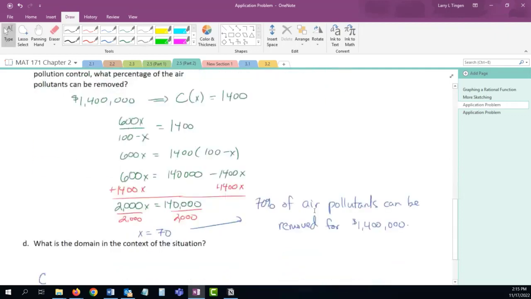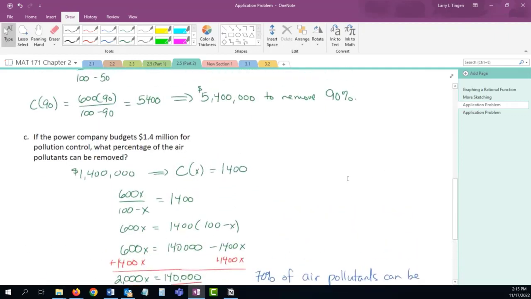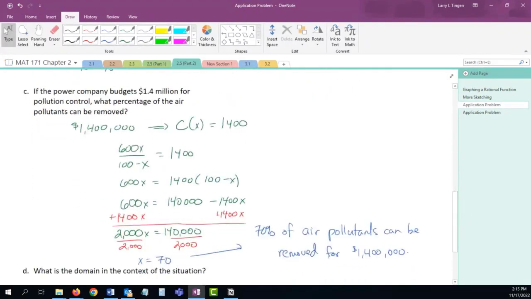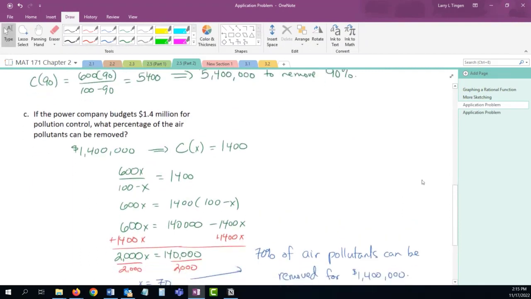I'll tell you what, let me steal. Okay, yeah. 75% was 1.8 million. So 70% can be taken out for 1.4. That's great that you saw that, that this number was going to have to be less than 1.8 million, because this was less than 75% of the air pollutants to be removed.